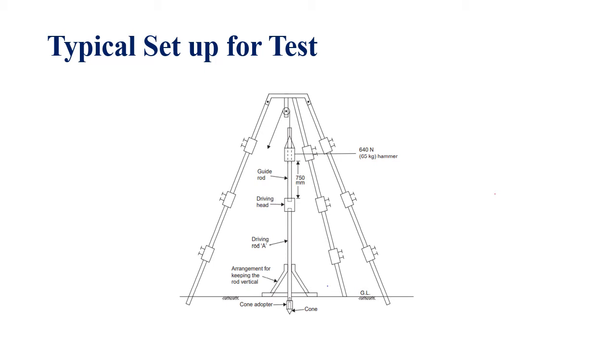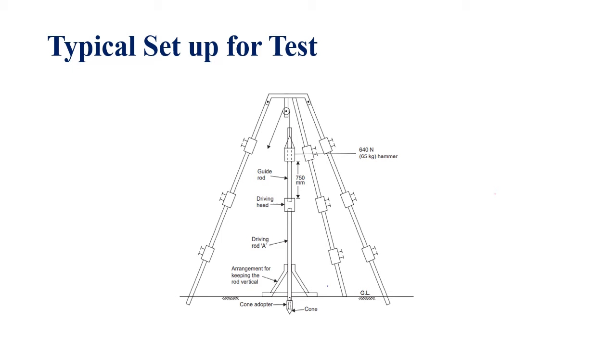Okay. And so as you can see, the hammer used for this dynamic cone penetration test is a 65 kg hammer, and it falls through a fall height of 750 mm along the guide rope. So the guide rope is for allowing the movement of the hammer through it.